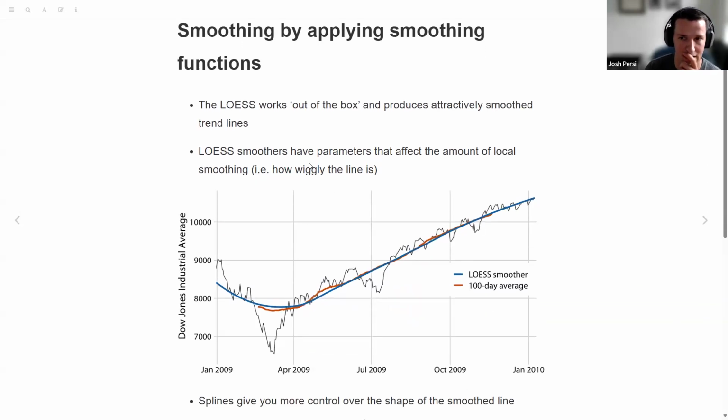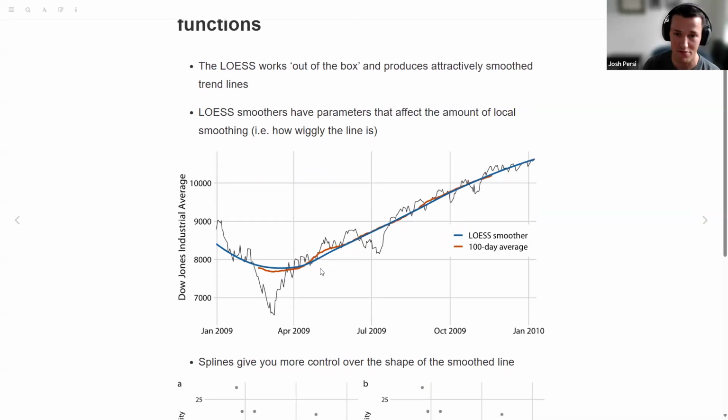It works basically out of the box. I don't know if anyone here has ever used geom_smooth. Maybe the default smoothing function is a linear model, but it's not hard to set up the LOESS smoother and it produces good, attractive results. You can adjust how it looks through parameters that I believe are similar to a bandwidth, which might ring a bell from plotting density plots and histogram bins.